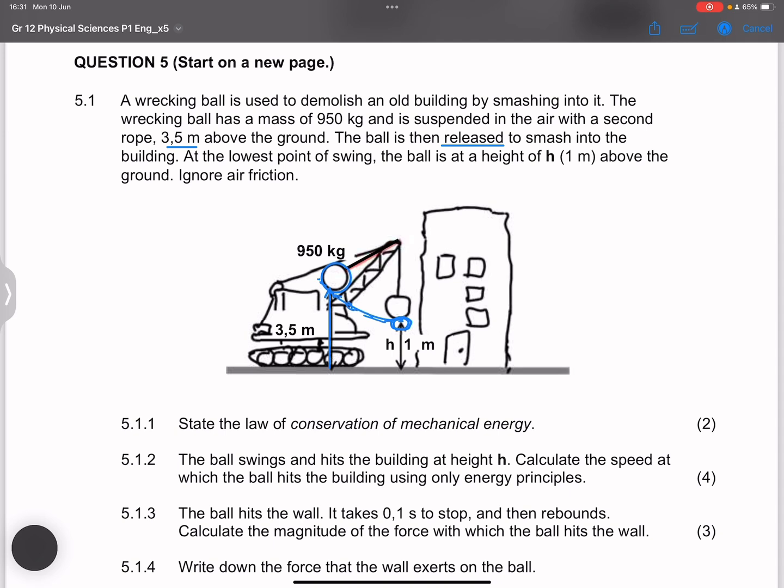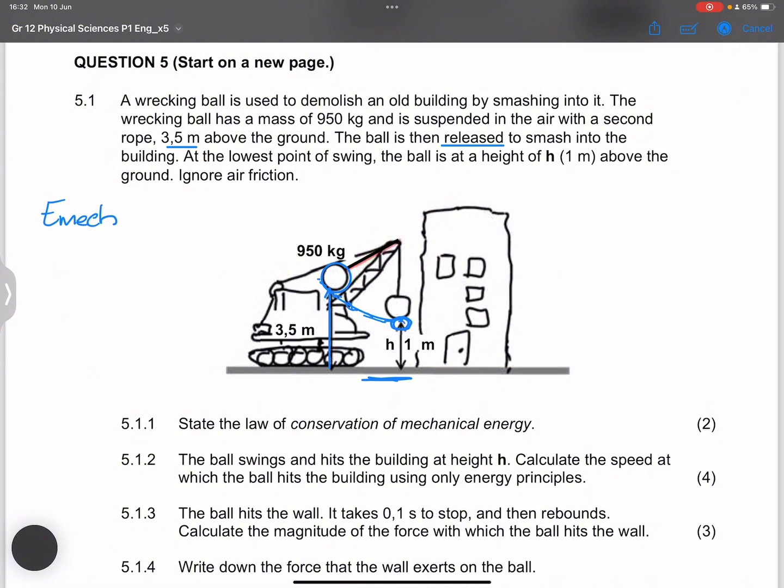We can use the ground as our reference point, in which case we're going to say, Emec. Remember, because there are no external forces, mechanical energy at the top, the initial point, will be equal to mechanical energy at the bottom.